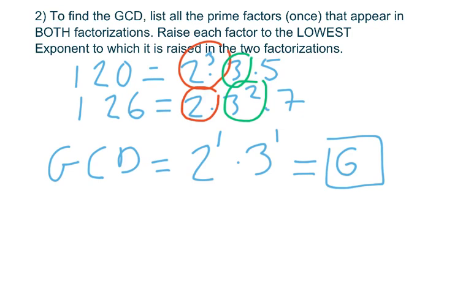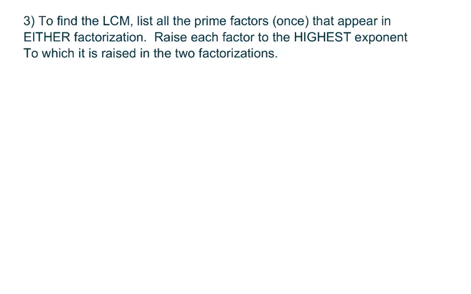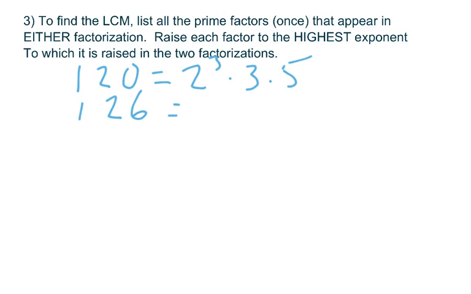Now let me show you how that's different if you do a least common multiple. So let me write these down again just so we don't forget them. 120 turned out to be 2 to the third times 3 times 5. 126 was 2 times 3 squared times 7.